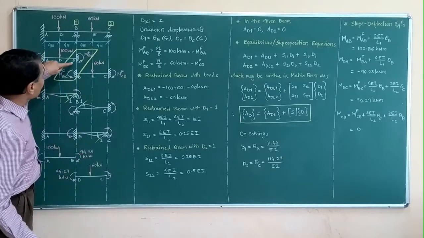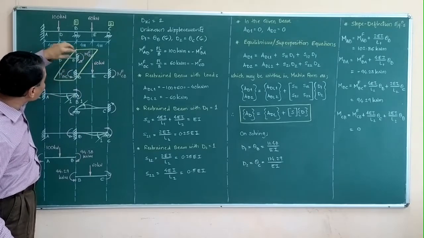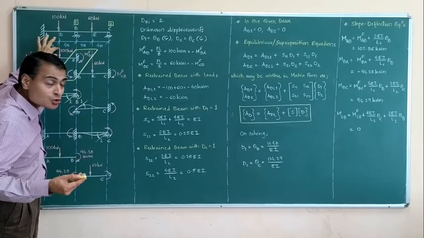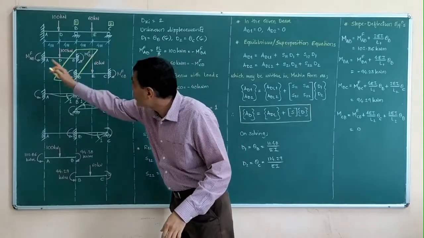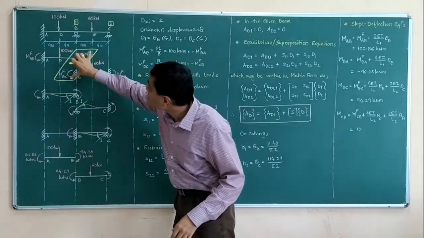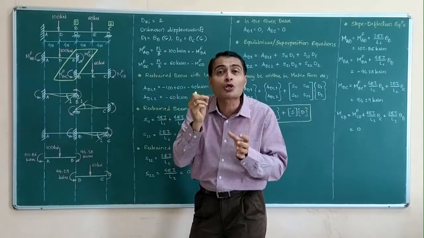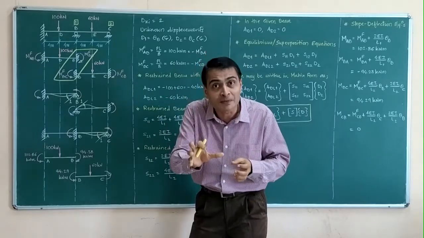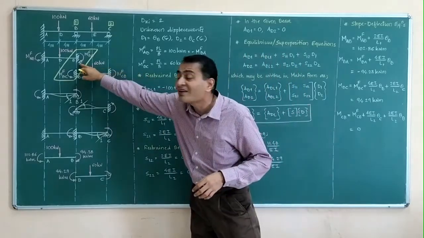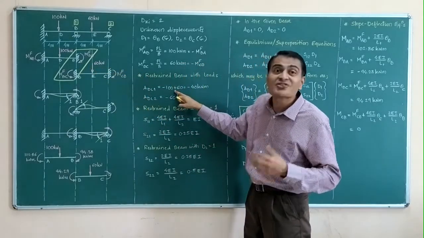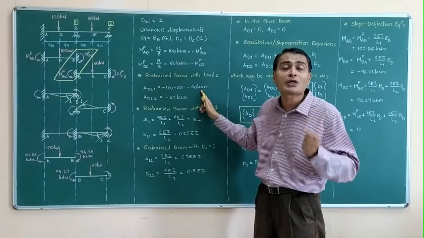Please observe, 1 means joint B. At joint B, there is couple moment generated due to load on span AB also and load on span BC also. That's why I have MFBA as well and MFBC as well. So these two together represent actions due to loads corresponding to node 1, corresponding to theta B. So that is why I have written ADL1 is equal to clockwise 100 plus means anti-clockwise 60. So that is giving me negative 40 kilonewton meter.